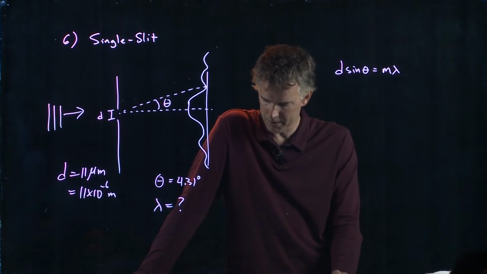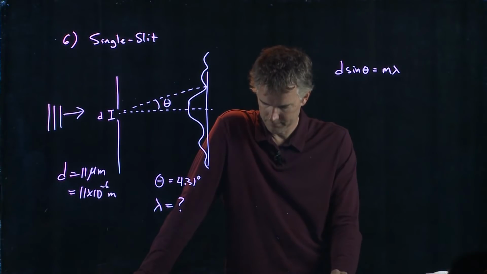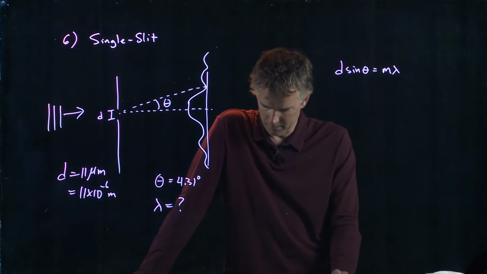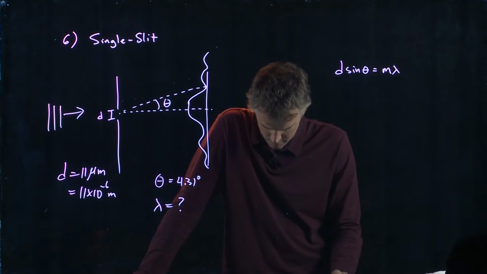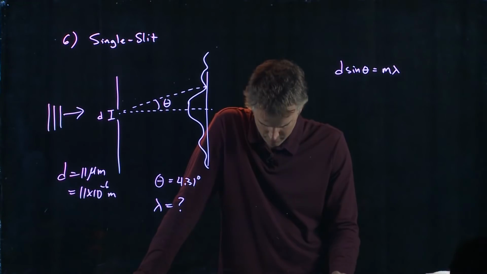So let's pull up the formula sheet off of Blackboard and take a look at what it says. Okay, so you scroll down a little bit on the formula sheet, and we see the bright fringes from Young's double slit certainly obeys that equation, d sine theta equals m lambda. And if you scroll down a little bit more, there we go.